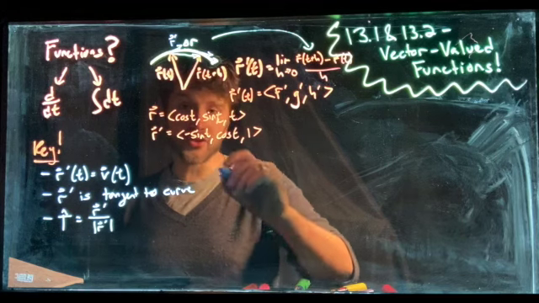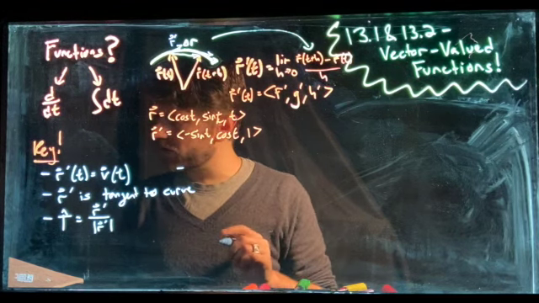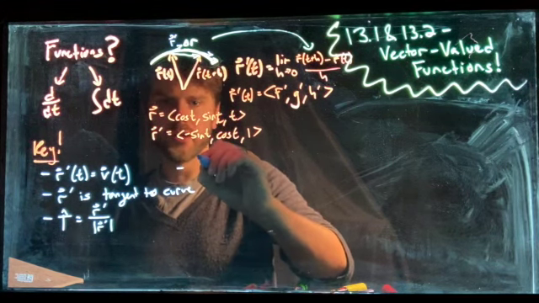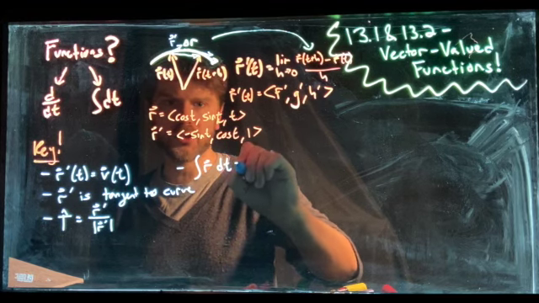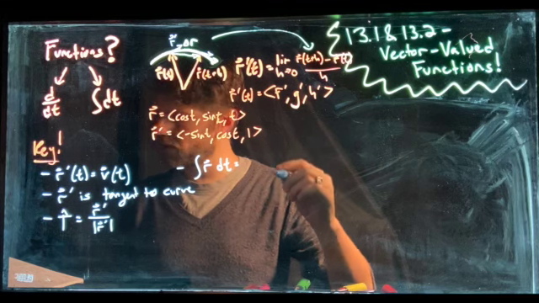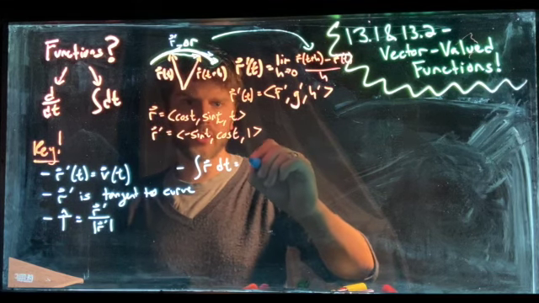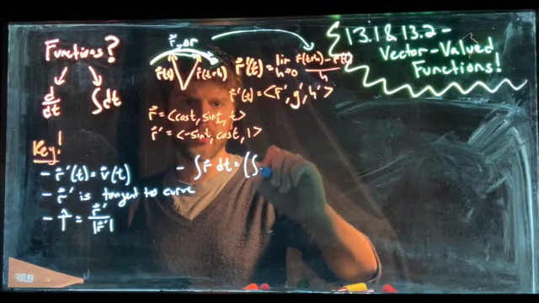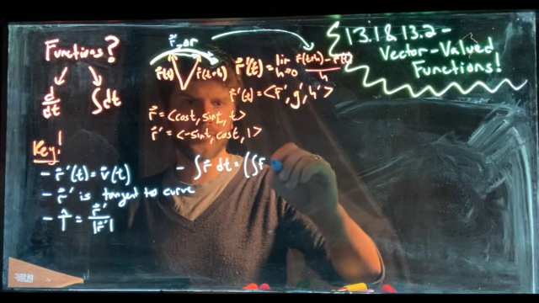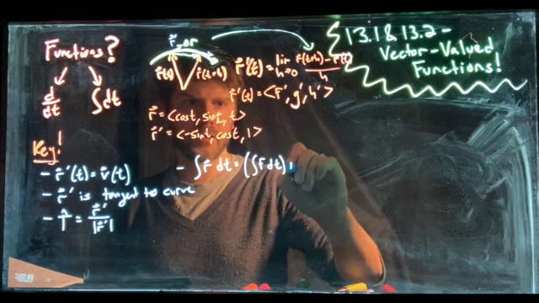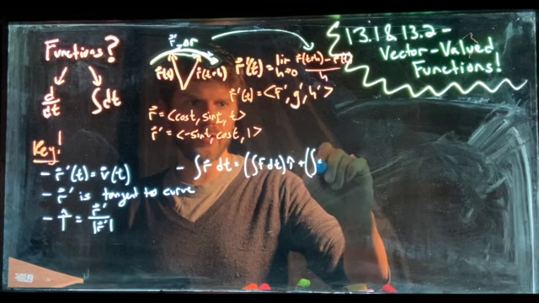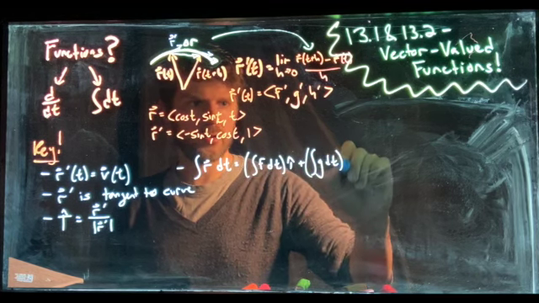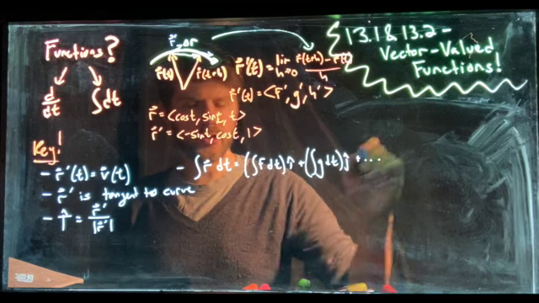You can integrate. We don't do it quite as often, and when you do integrate, what you'll find is you just integrate each component. So the integral of r is just the integral of f times i hat plus the integral of g, j hat, and so on.